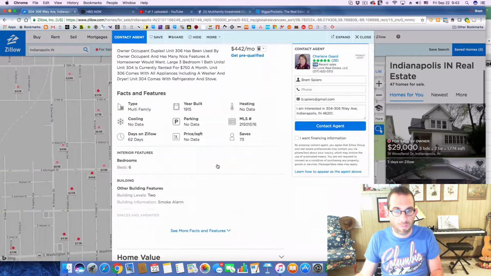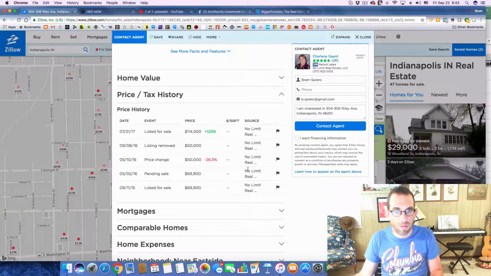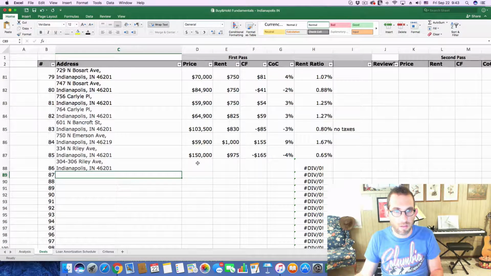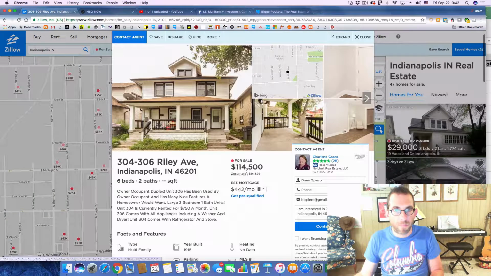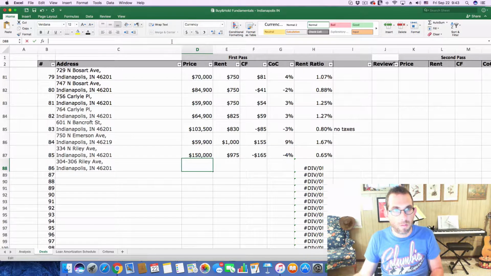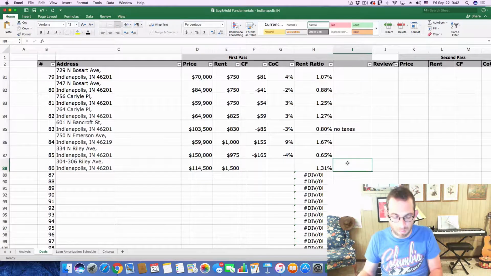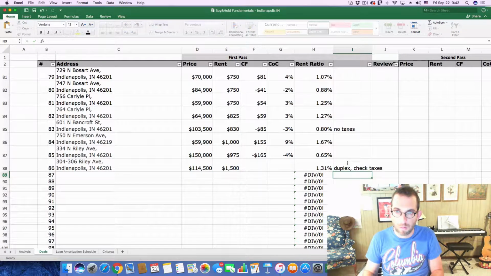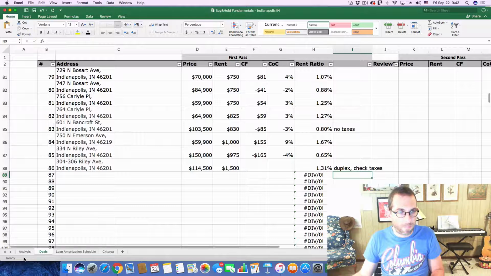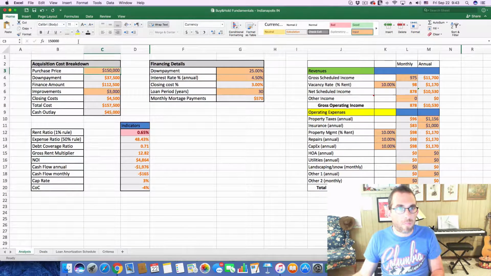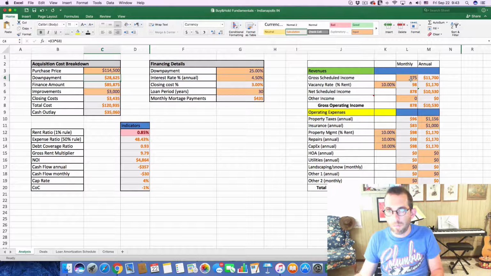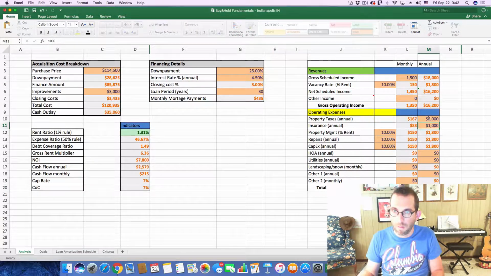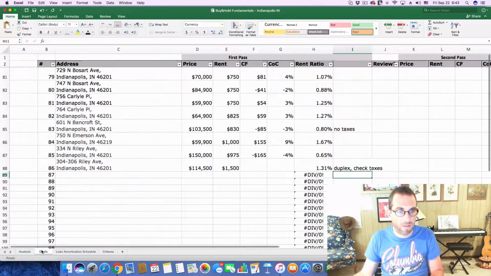So that's going to come out as 1,500. Nothing on taxes. Okay. Call that. 2,215, 7%.